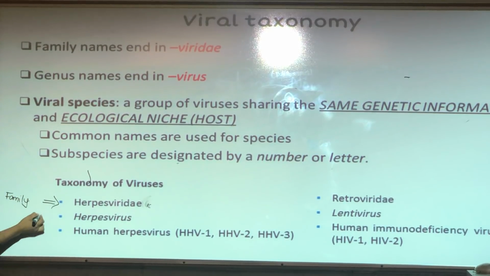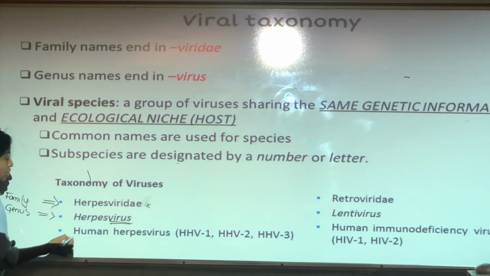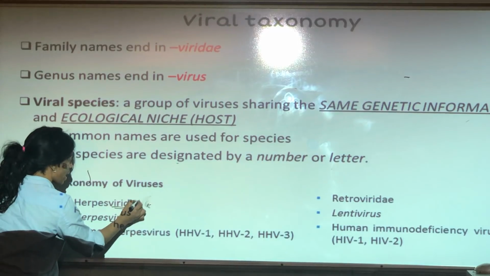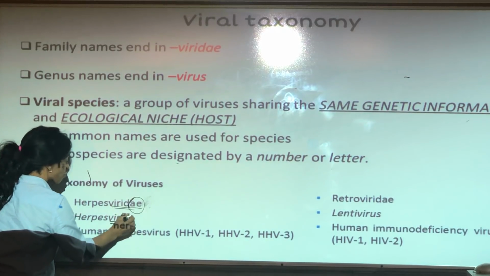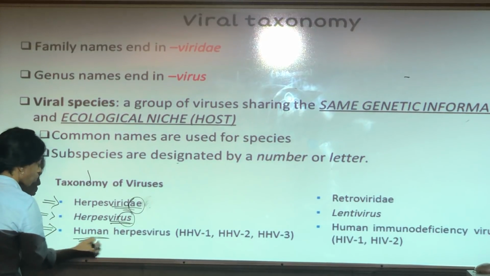Right? And then for herpesvirus, all right, this will be the genus name. All right, so when we see virus at the end, we're talking about the genus name. So viridae, family, AE, right? Virus, all right, will indicate the genus name. And when we're talking about species, oftentimes we might identify it with the host, all right?